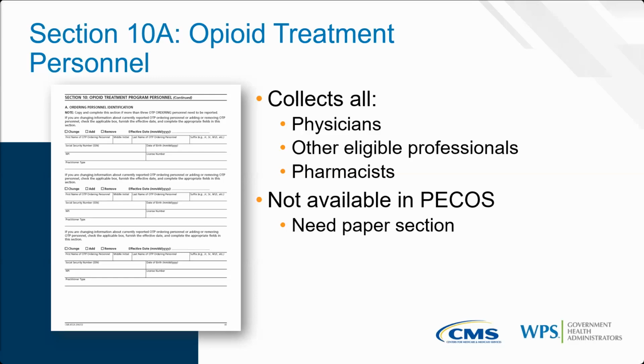You would just need to upload a paper CMS 855A section. If we receive an electronic application and we know we need this opioid information, we'll develop and ask for the paper sections. We will not make you start over. So that's just something we're working around simply because we have a system limitation at this time. But hopefully that will be taken care of soon.